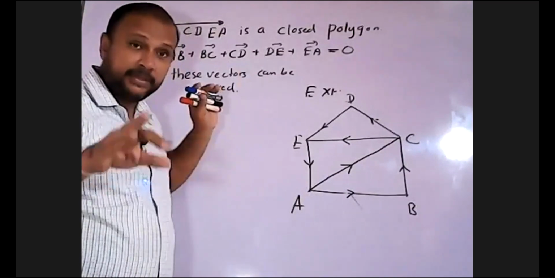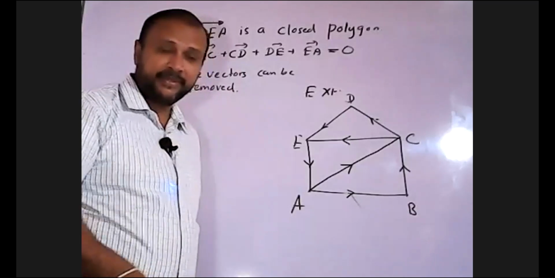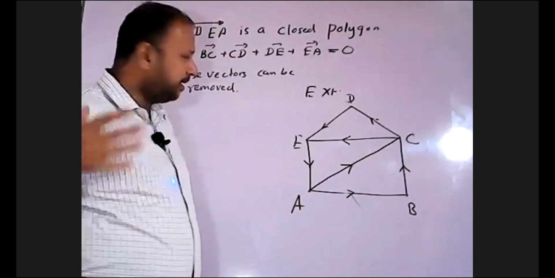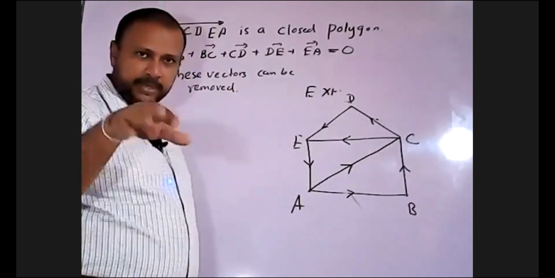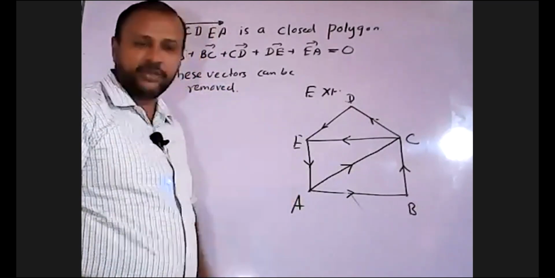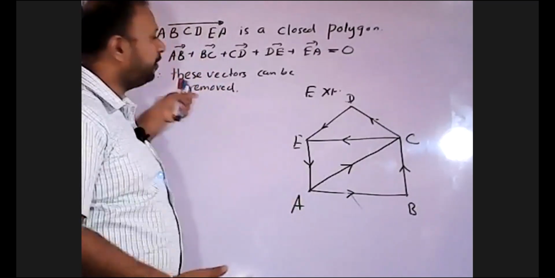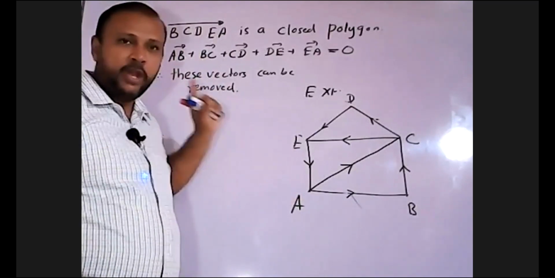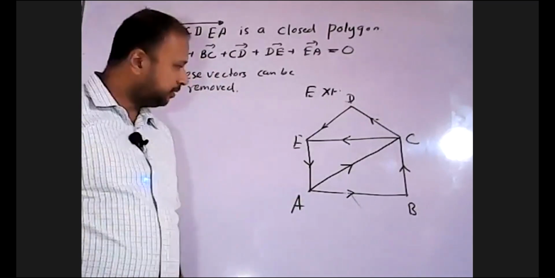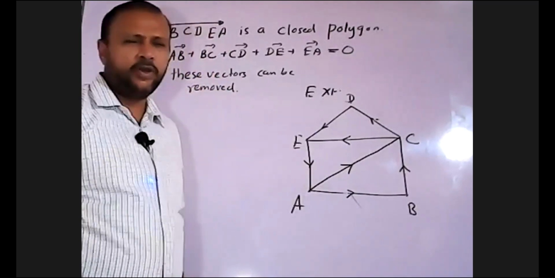But suppose you are given this kind of question in a term test paper, in the second essay paper or the structured paper, if you are given this kind of vector system as an essay question, then you have to write this one. Normally, you are not given this kind of question in the essay paper, but you may have this kind of question in the MCQ paper. Therefore, no need to write this one.